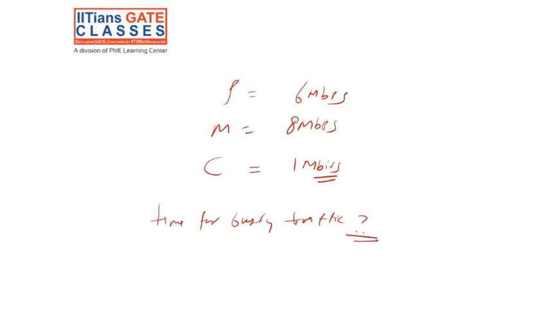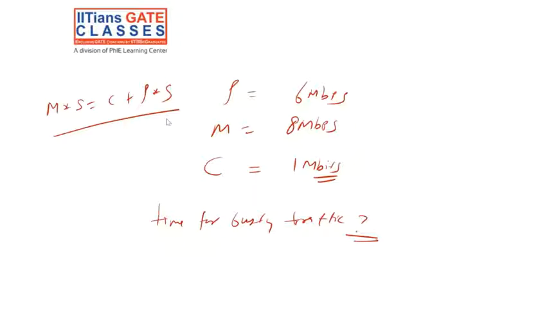Now try this question. You know the formula: M into S equals C plus rho into S, the output rate equals capacity plus arrival rate of the token. You need to calculate the value of S. That is the time interval they are asking for, the time for bursty traffic.